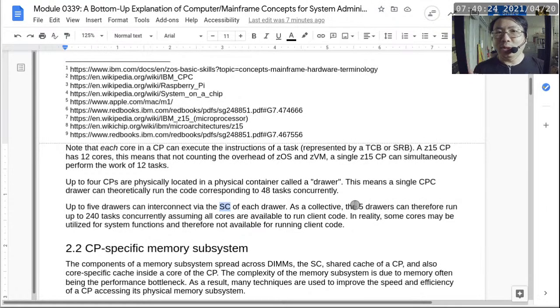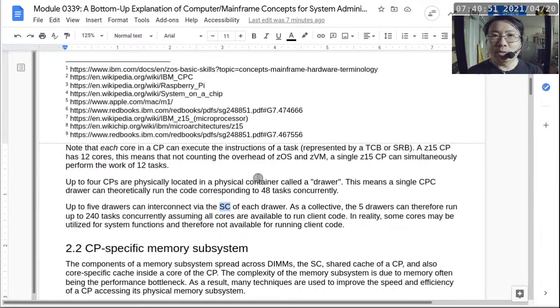So that means, by using the SC to interconnect the 5 drawers, the CPs, 4 CPs within each drawer, and then 5 drawers having like 20 CPs, they all work together. They can basically, all 20 CPs and their associated DIMMs basically make up one single computer.